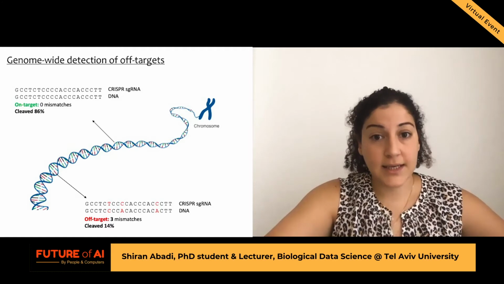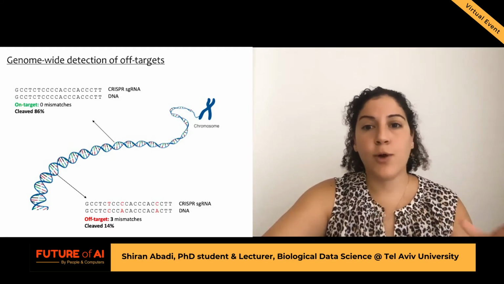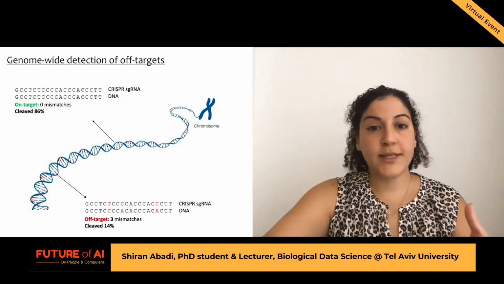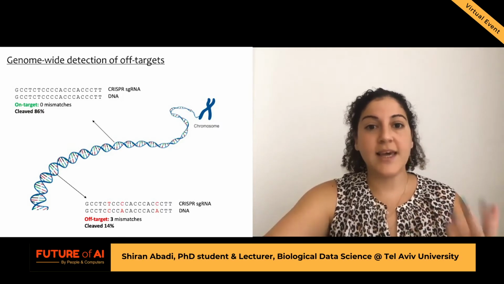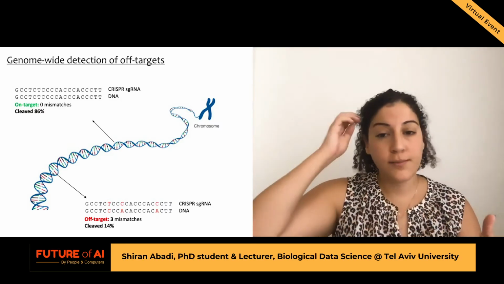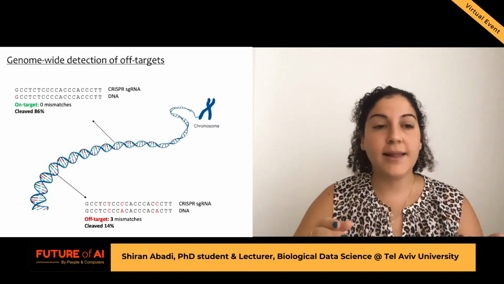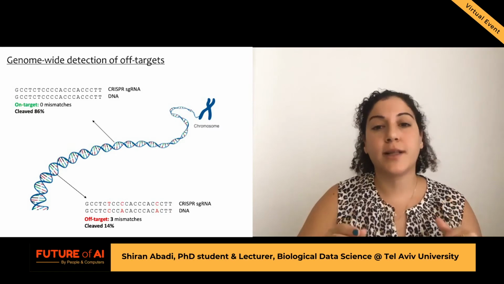Some of these studies were done in a genome-wide manner. That means they applied a CRISPR design to the genome and then scanned the whole genome and reported the sites that were cleaved and the frequencies at which they were cleaved.